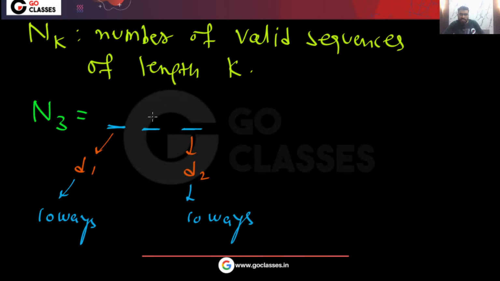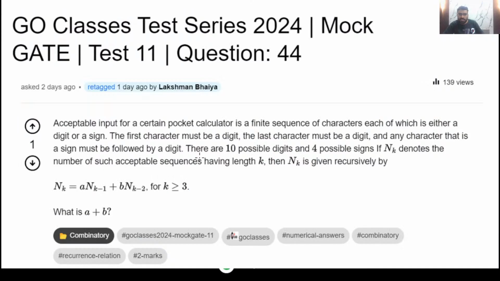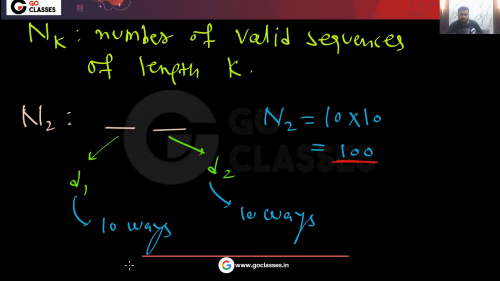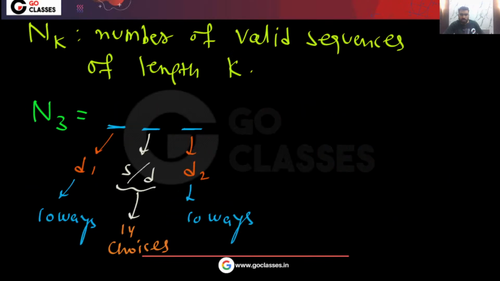So how many choices do I have? There are total 14 choices, because 4 signs and 10 digits. So n3 will be 14 into 10 into 10, that will be 1400.